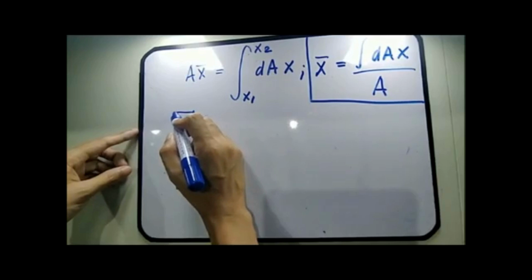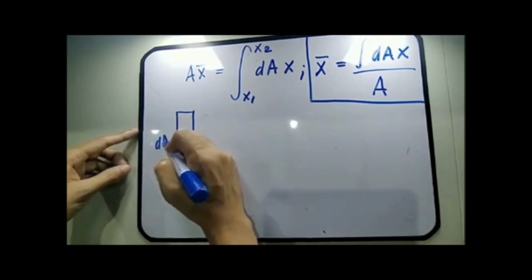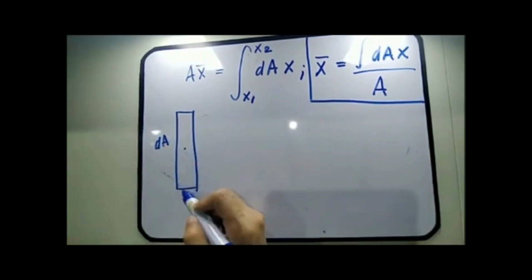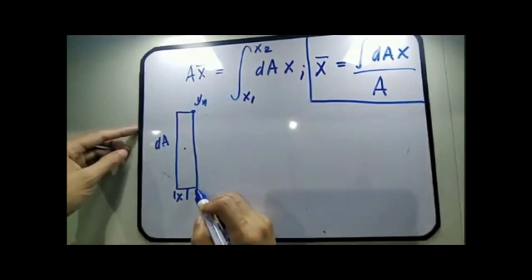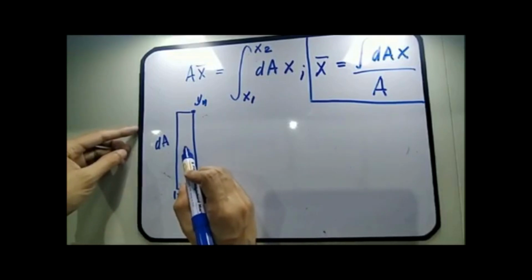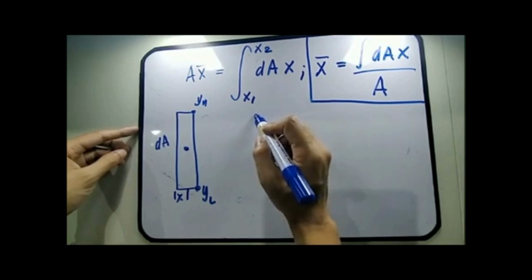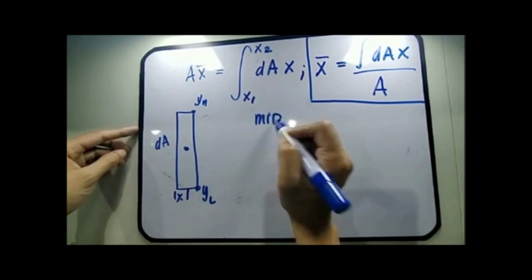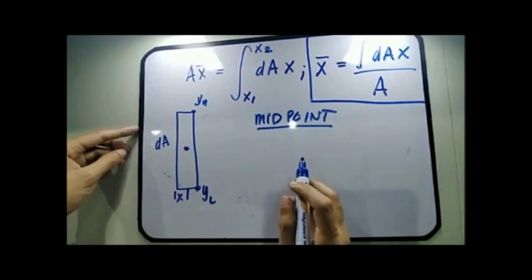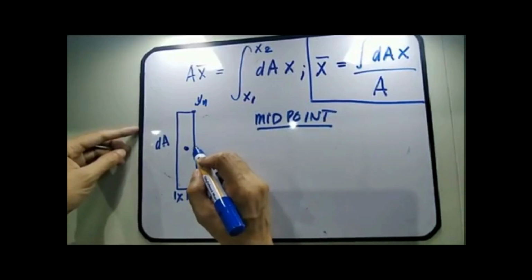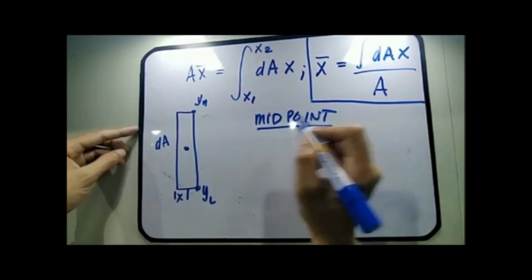So, balikan natin yung differential strip. So, doon naman tayo sa y-coordinate of our centroid, y bar. Now, as we recall, yung differential strip natin, guys, sa taas, nung length niya is tatama siya sa y upper. So, kung ito, guys, is a rectangular strip, therefore, yung coordinate ng centroid ng ating rectangular strip is actually the midpoint.